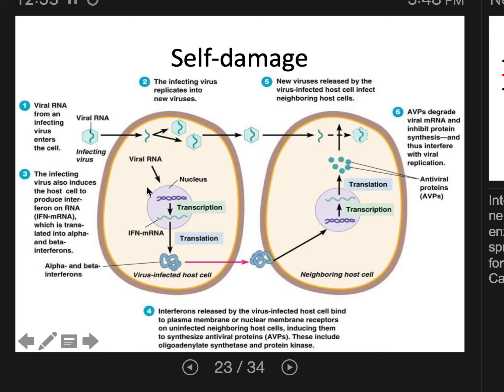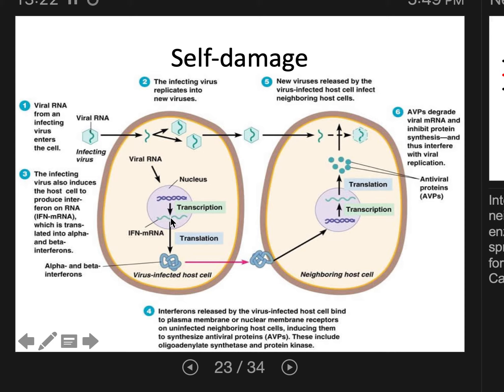So this is a race because if viral proteins get transcribed and translated first, not only are they going to spread to the neighboring cell before the interferons get there, but they'll also shut down transcription translation of interferons. So if the virus gets control of the cell's transcription translation machinery first, no interferons can be produced because it's no longer in control of the host cell.